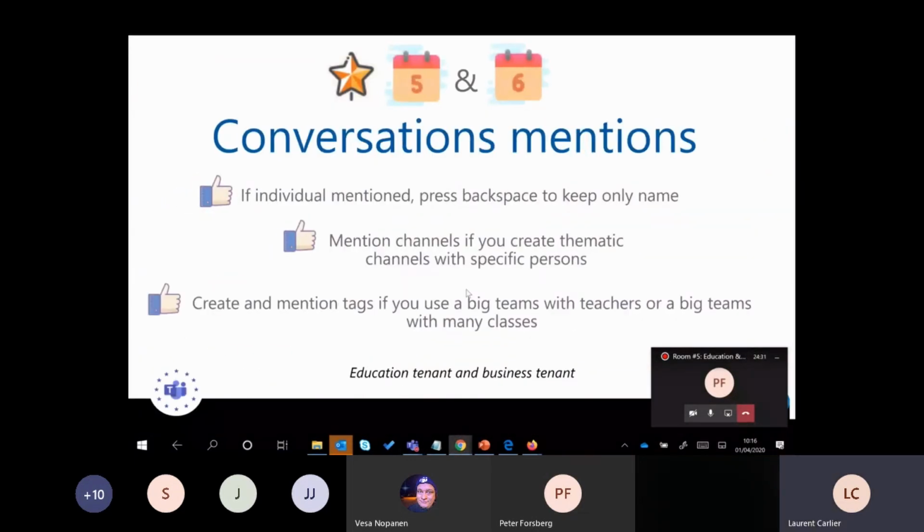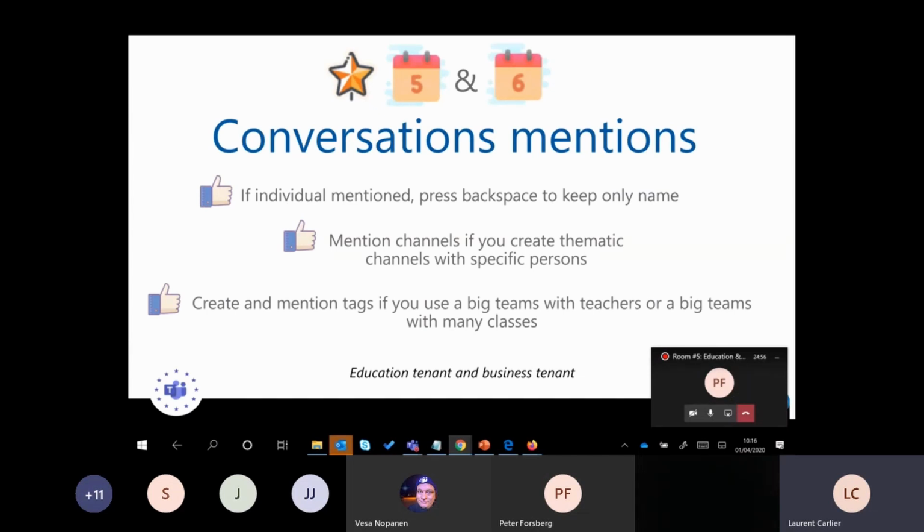So tips number 5 and 6. It's always about conversation, but this time about mentioning. And I have 3 pieces of advice to give you. The first is when you mention an individual person, you can press backspace to keep only the name.